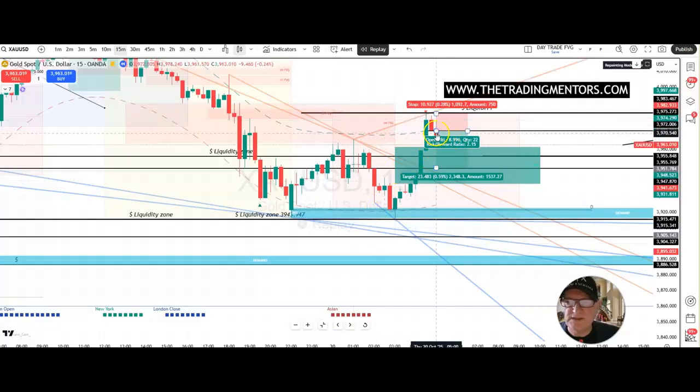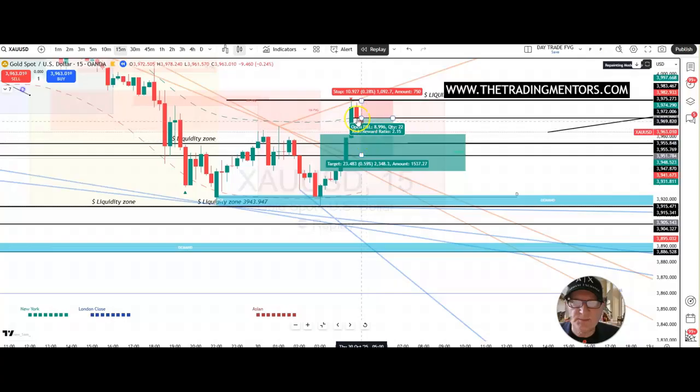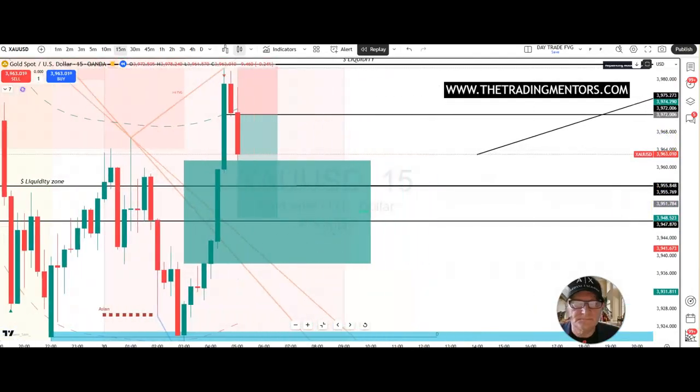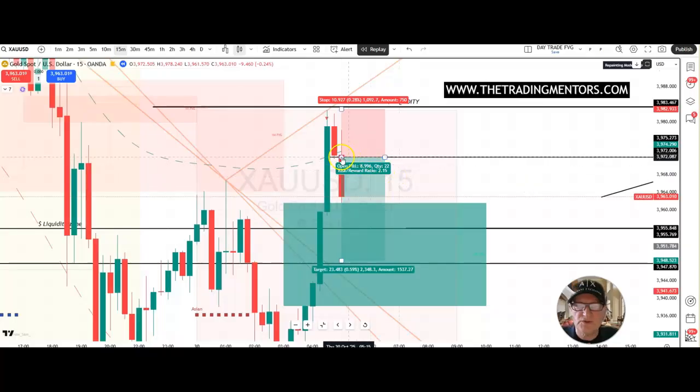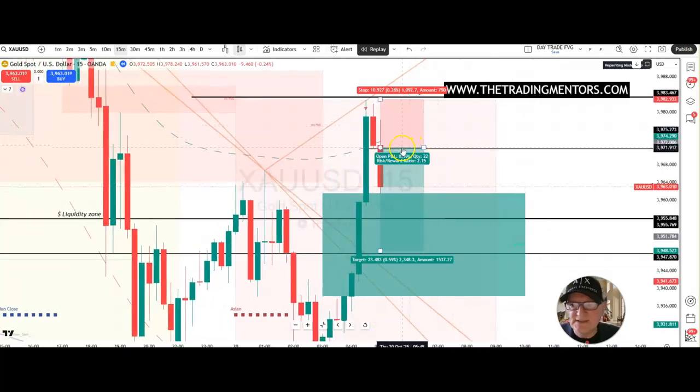Now you do have FVGs, that's gone on a bit too far, but let me explain what is going on here. As the price moves outside and you have this negative candle here, once it's finished, you want to be drawing a line at the very bottom of this candle, and make sure that the next candle, which is going up and down, gets into the point here at 39.71.74.